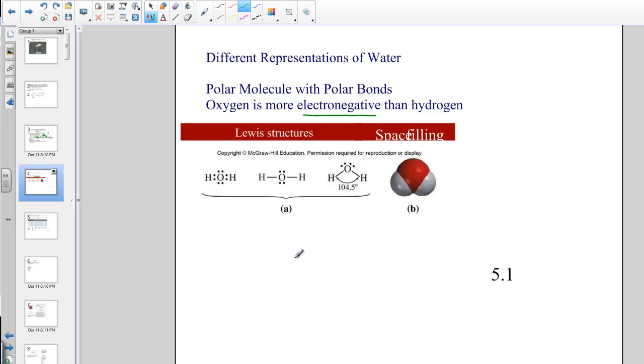So if we practiced in previous lessons writing out the water molecule as a Lewis dot structure, we know oxygen, which lives in group 6A, has 6 valence electrons, and we would represent those with 6 dots around its symbol. Hydrogen, which lives in group 1A with its 1 valence electron, fills in those bonding sites, giving us 2 single covalent bonds.